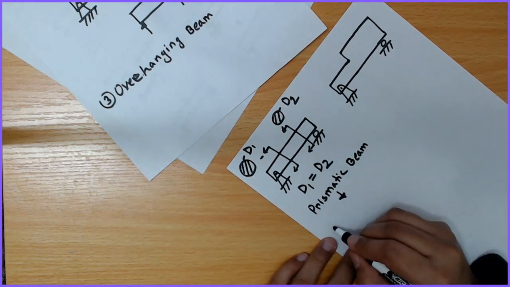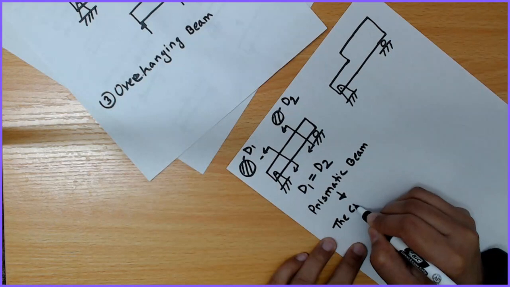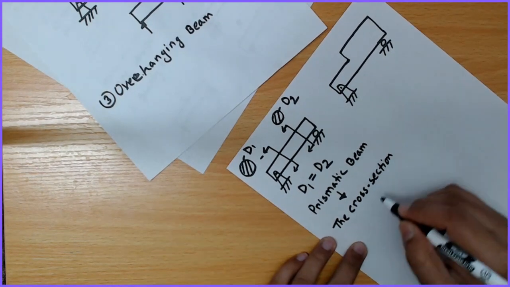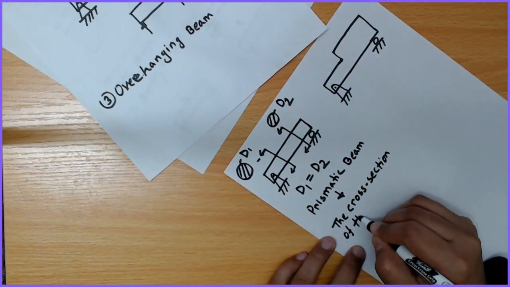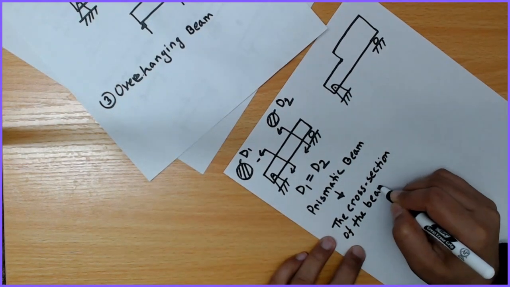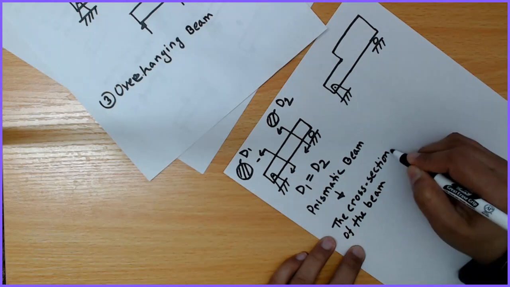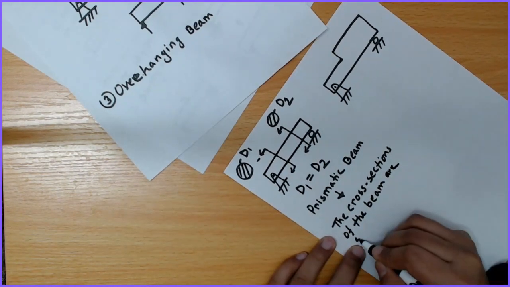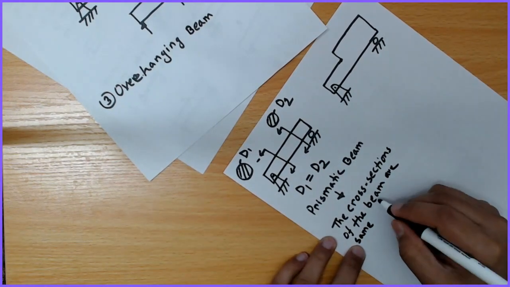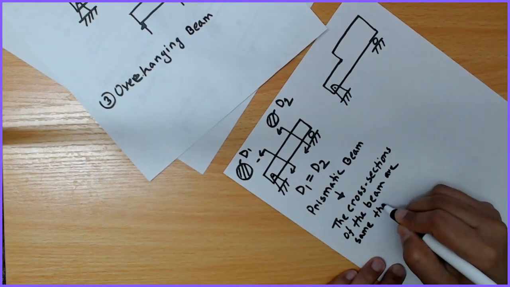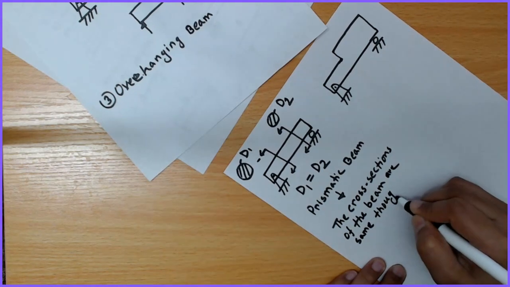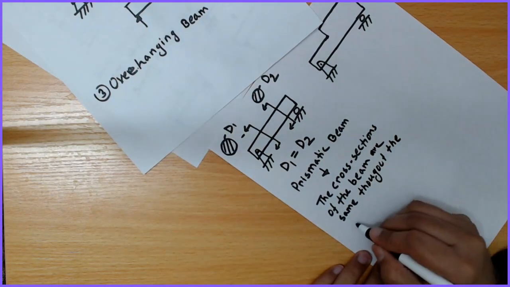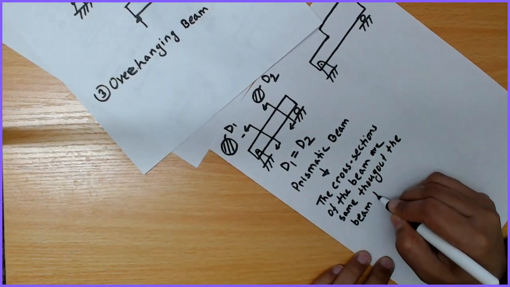In the prismatic beam, the cross sections of the beam are the same throughout the beam length.